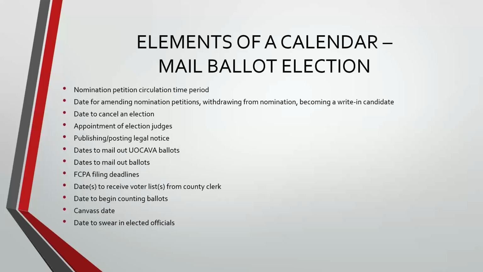Okay, so when they send you the list on day 60, if you're ready on day 59, you can put them in the mail on day 59? Yes, you can. Now, there may be people who register as UOCAVA covered voters after that list. That could happen. So what you have to do is, as soon as you get any additional, let the county clerk know.